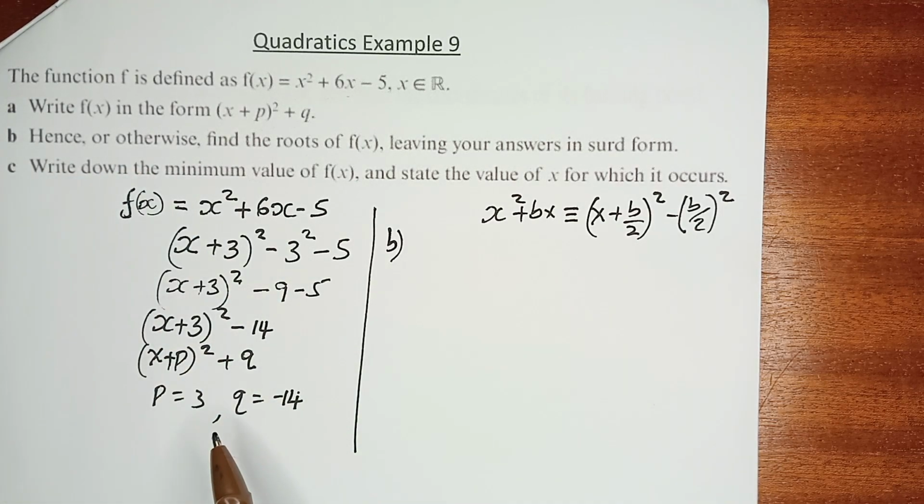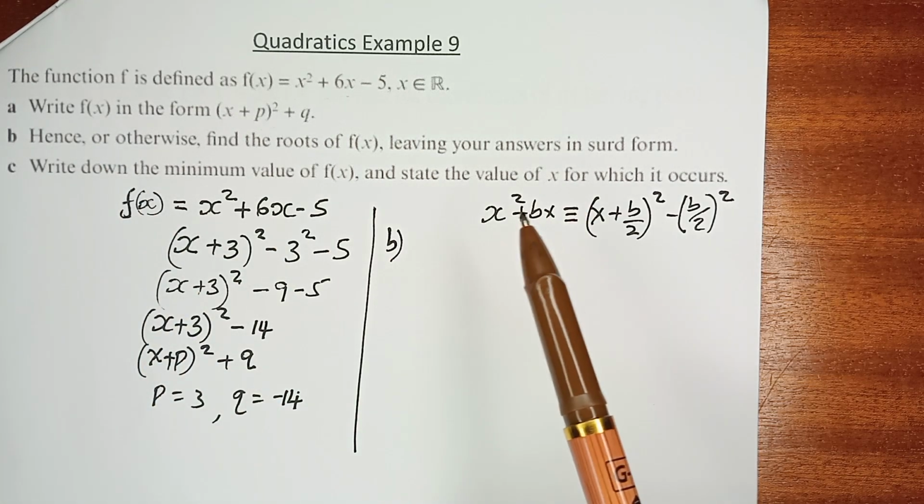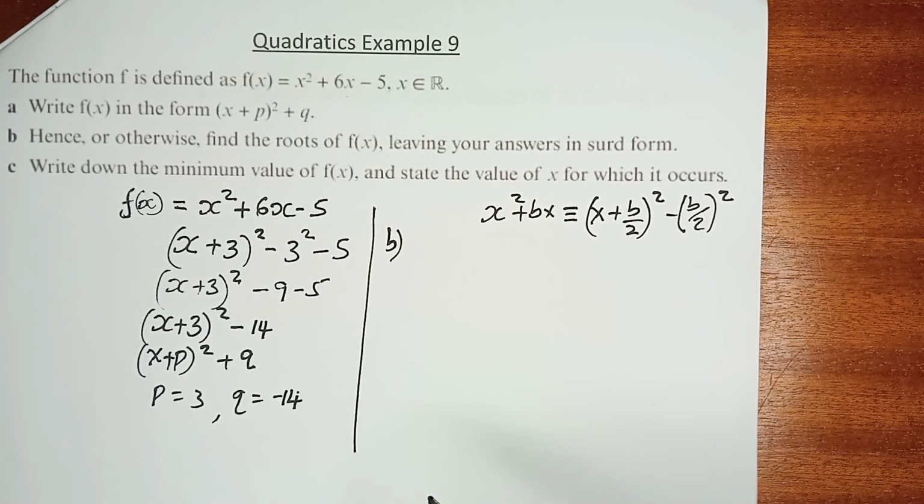Hence means you can use your solutions to part A. Otherwise means you can come up with your own method, or use other approaches to answer that question. But since we already have part A, we are going to go by it.